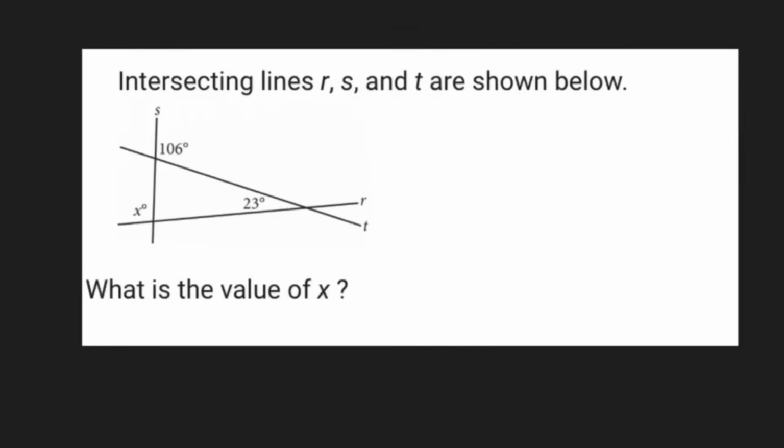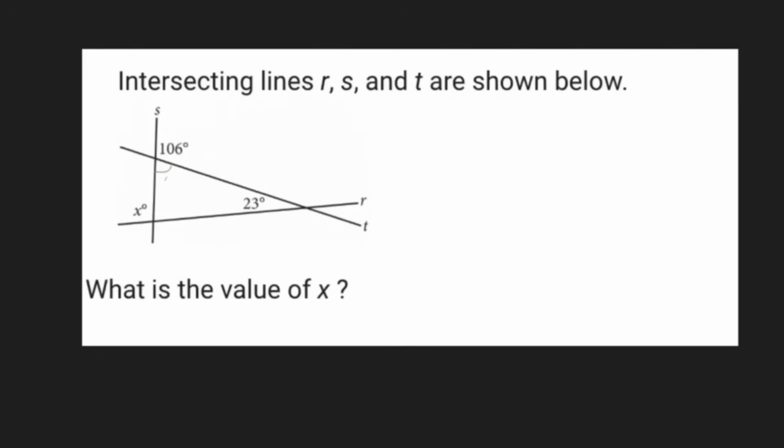Intersecting lines R, S, and T are shown below. What is the value of X? Well, they give us two angle measures: this 106 degrees out here and 23 degrees out here. So the first thing you want to take note of is supplementary angles. Because this 106 degree angle is on this line S, this missing angle here, which actually represents this triangle, is going to be 180 degrees minus 106 degrees.